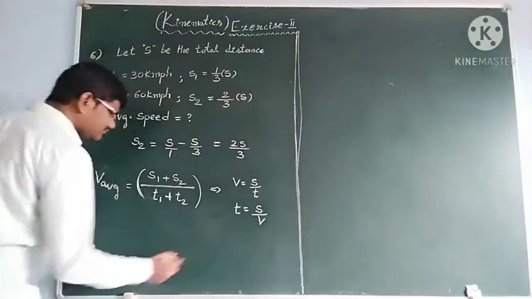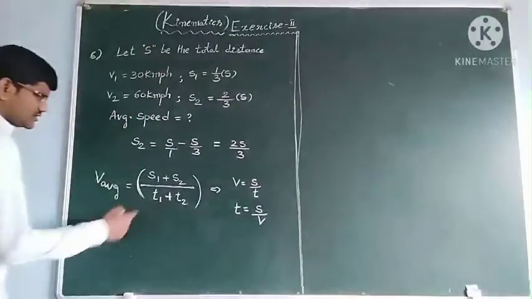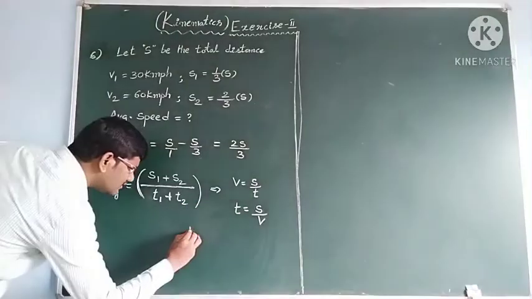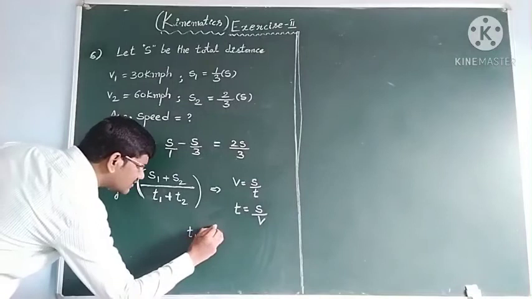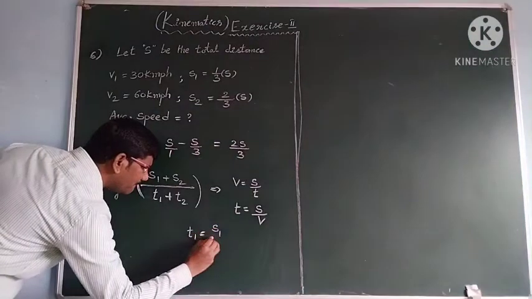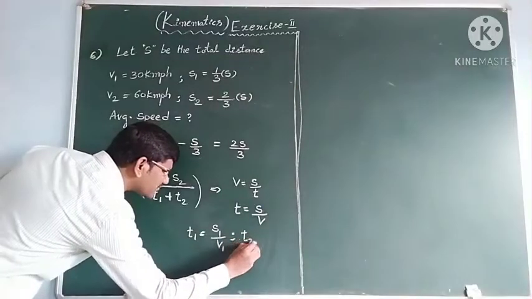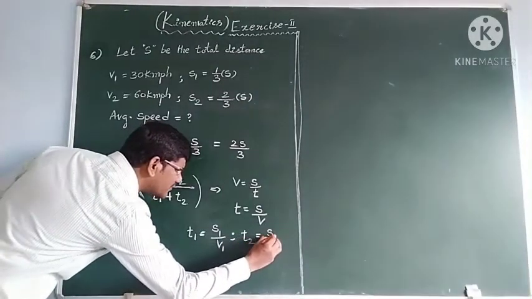Then t1 means s1 by v1, and t2 means s2 by v2.